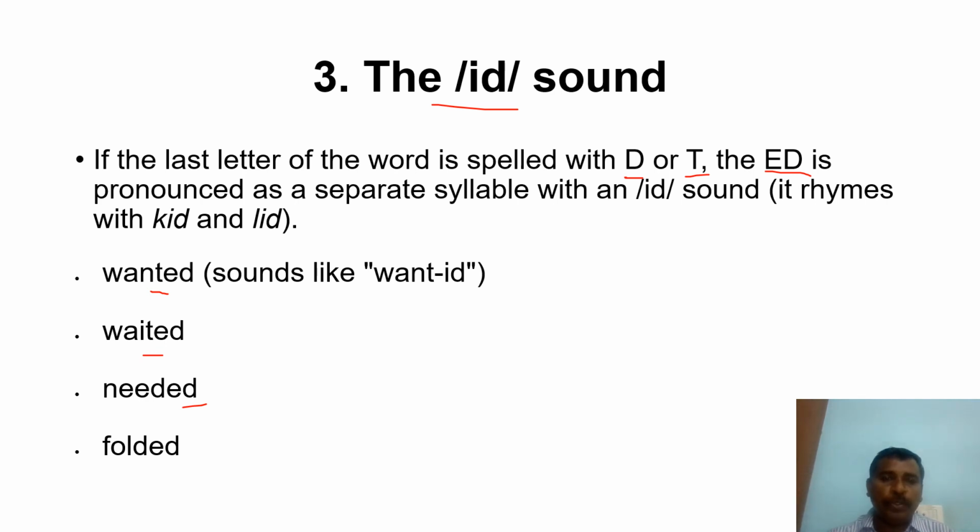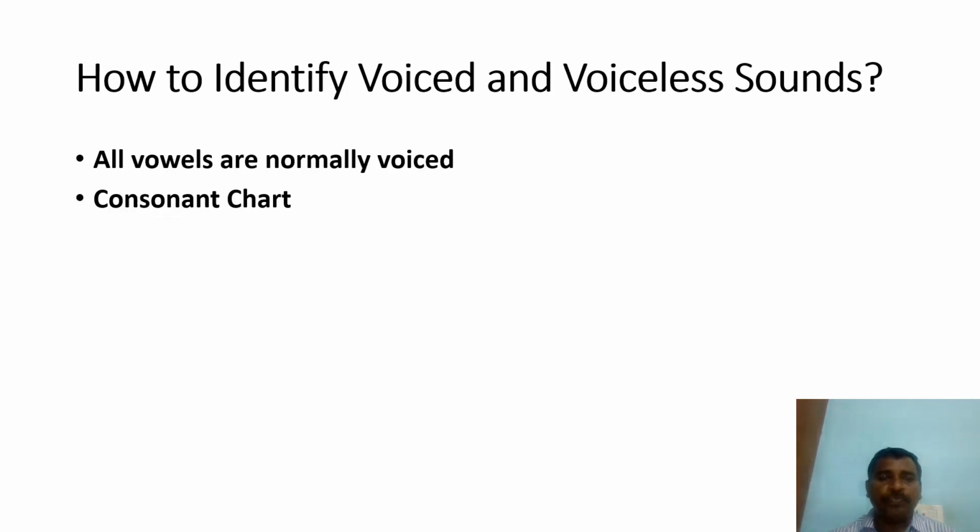Now the question comes. One general rule is all vowel sounds are voiced sounds. There is no doubt about it. Now how do we identify voiced and voiceless consonants? Your success in this part is based on how well you have understood the consonant table.